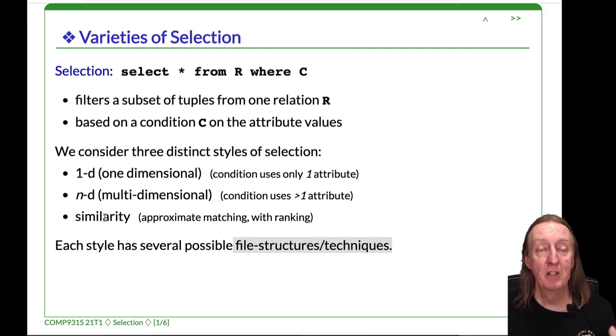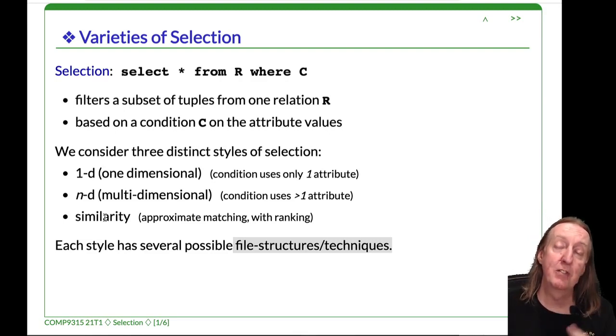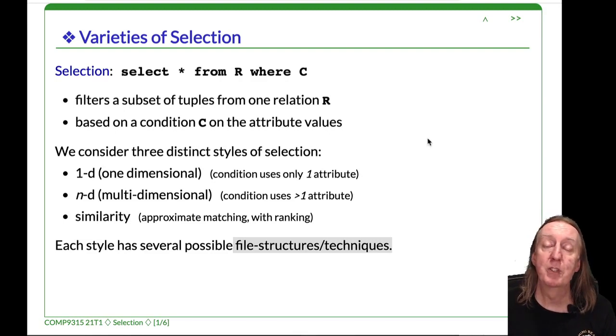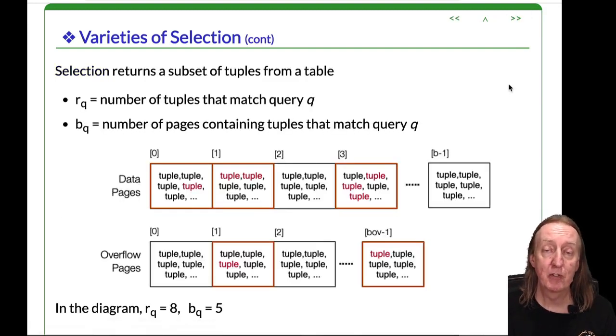Of course, we all know how to build new data types and new operators, so if we really wanted to, we can implement our own similarity matching for some other data type like images or songs. All right, anyway, selection, extremely important operation in DBMSs and in relational algebra.